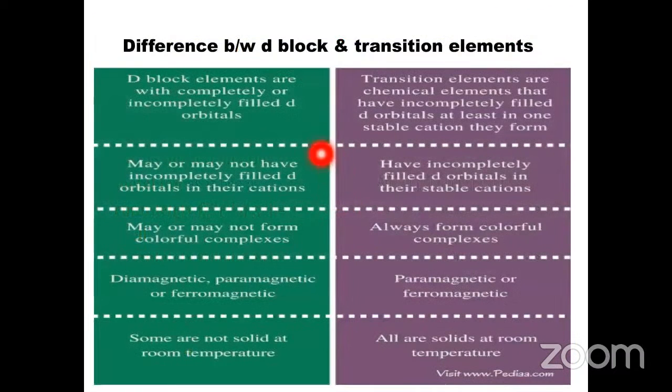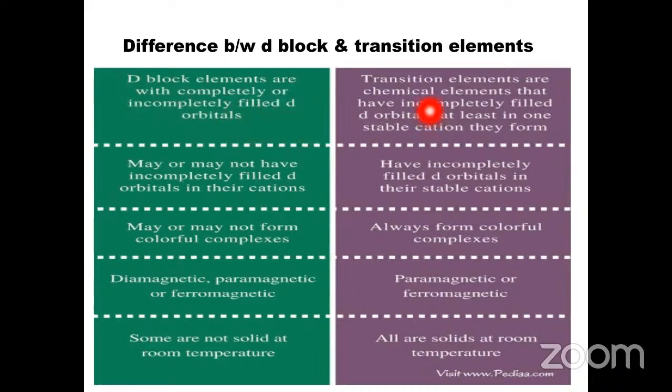Next, what are the differences between the d block elements and the transition elements? D block elements are those with completely or incompletely filled d orbitals. Just now I told you all the transition elements belong to d block elements, but not all d block elements are transition elements, because the group 12 elements belong to the d block but not to transition elements.